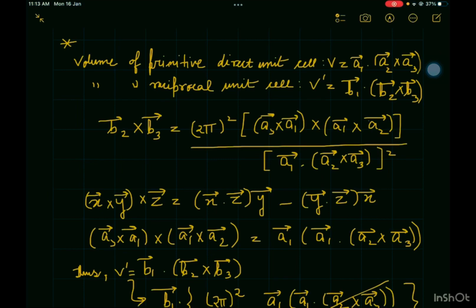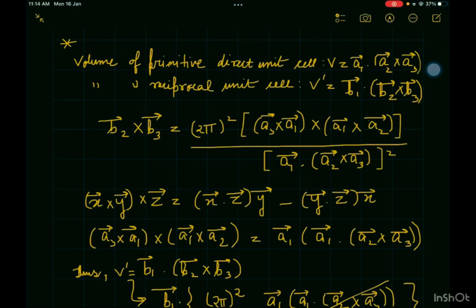Here are some other interesting facts about the reciprocal space and the direct space. If the volume of the direct space is given by a1 dot a2 cross a3, this is actually the formula of a parallelepiped. I think a simple Google will help you with that, or you might already be familiar with this.